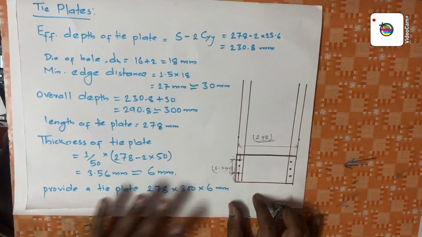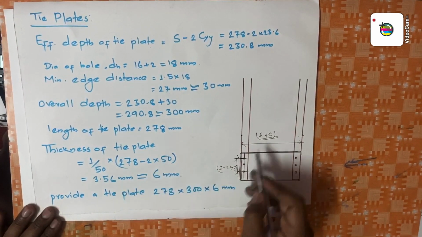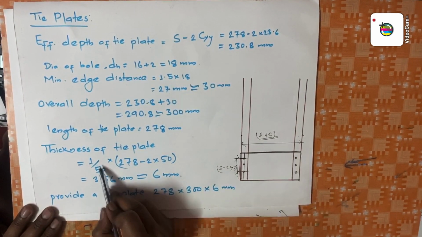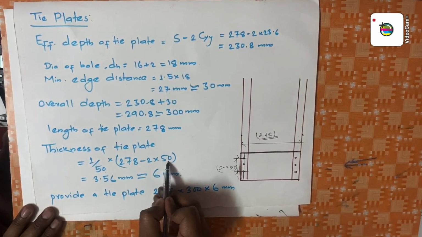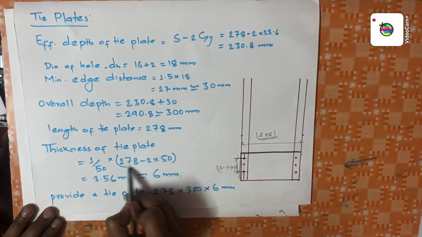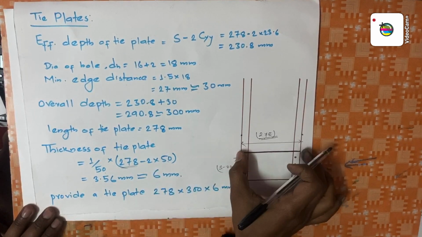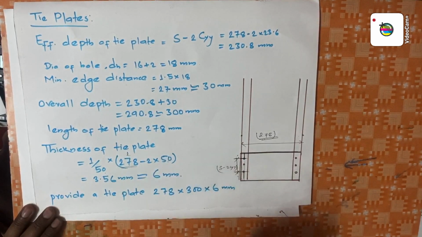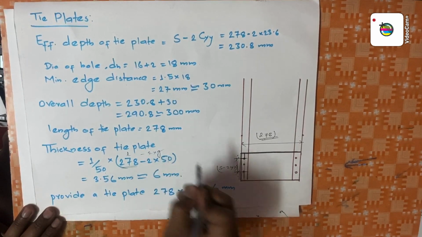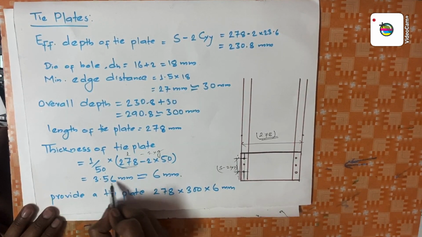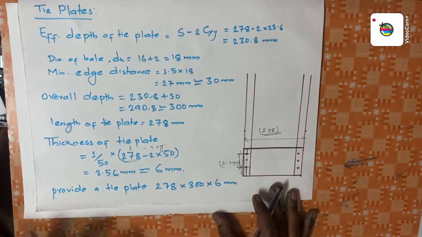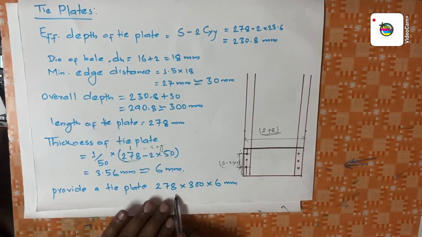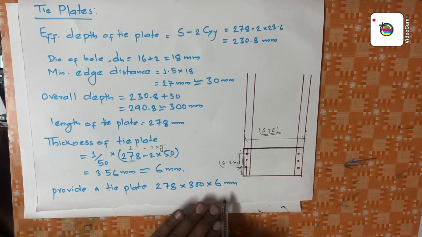Okay, so for thickness of a flat, 1 by 50 times 278 minus 2 times gauge distance, where 278 is your length of the plate. So you will get around 3.56 mm, that is around 6 mm. So we got a tie plate that is 278 into 300 into 6 mm.